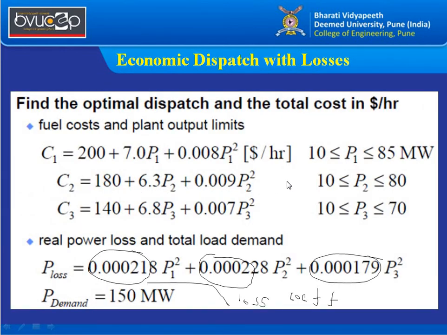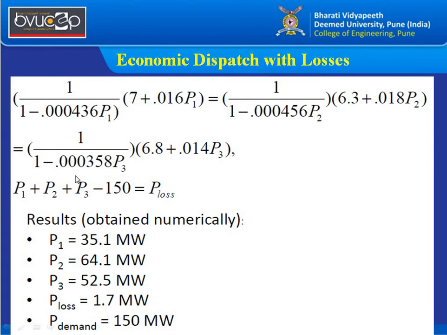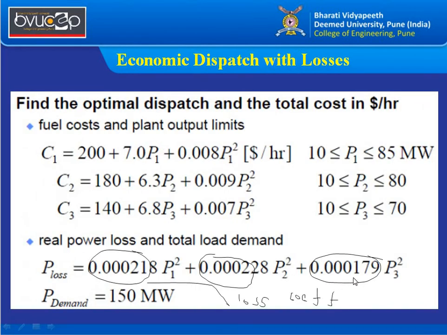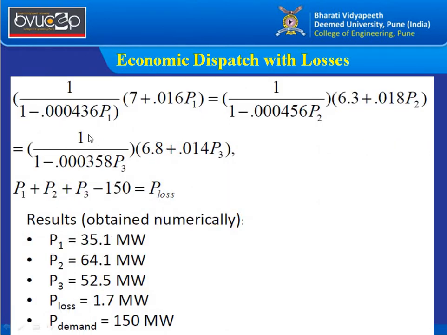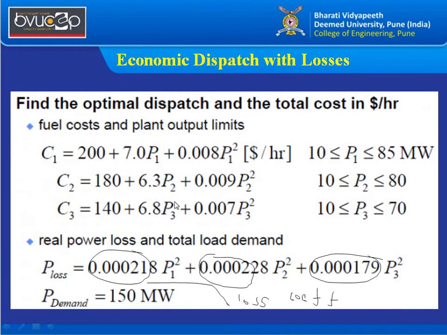And the third term is related to 0.00179 multiplied by 2, which comes out to be 0.00358. So it is 1 upon 1 minus 2 into the loss coefficient of the third generating unit, multiplied in the numerator by the derivative of this particular function with respect to p3.